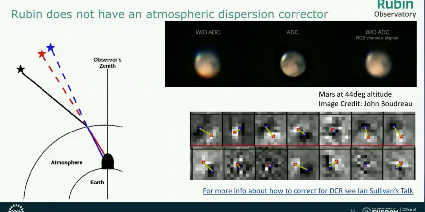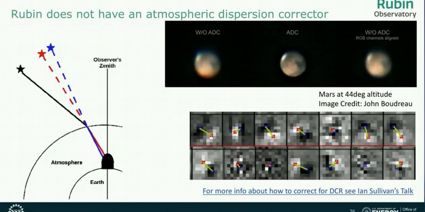The atmosphere bends blue light and red light differently, such that if you were to look at an object in the sky, you'd see a little blue rim on the top and a little red rim on the bottom. This is because the actual positions of the red light and the blue light are shifted. So PSFs are in fact chromatic. The PSF of an astrophysical source depends on its SED.